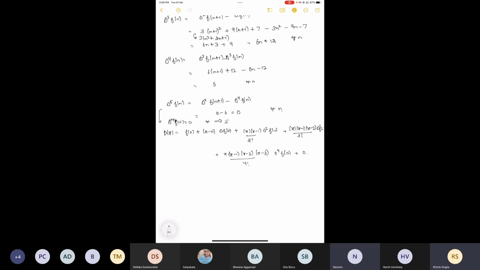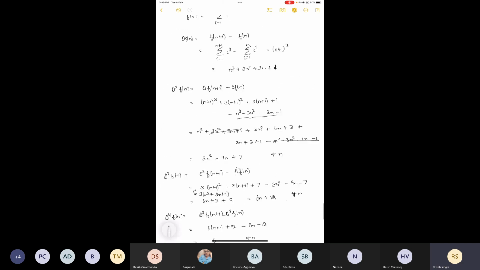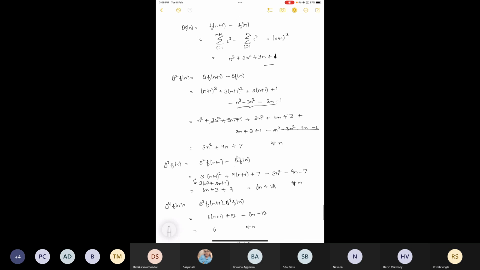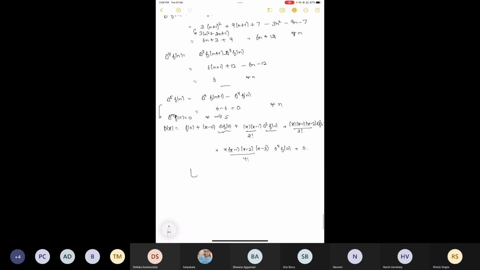Yes, sir. So now you have the values here. What do you need to do? Just substitute n is equal to 0 here, here, here. So you will get a polynomial of degree 4. Is this clear now?